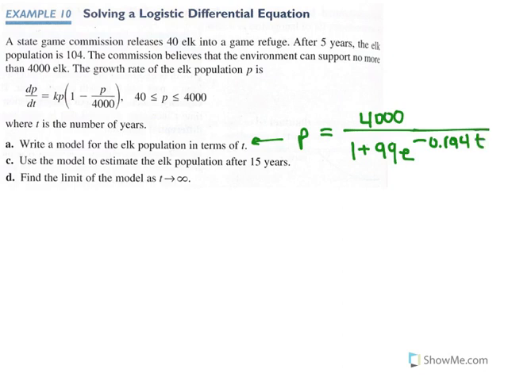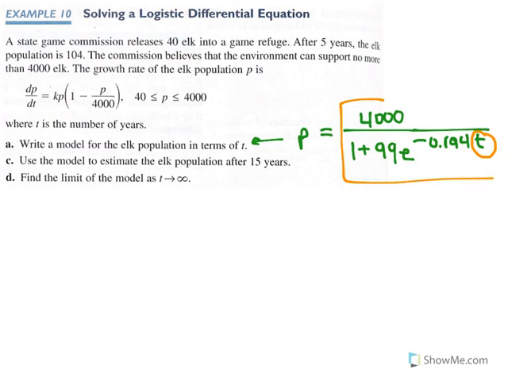So this is our model for the elk population as a function of time, where time is measured in years. So now we will use that to do part C. Use the model to estimate the elk population after 15 years. So that's really easy. You just substitute 15 for t.